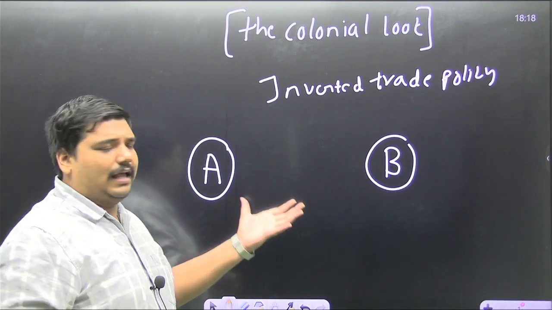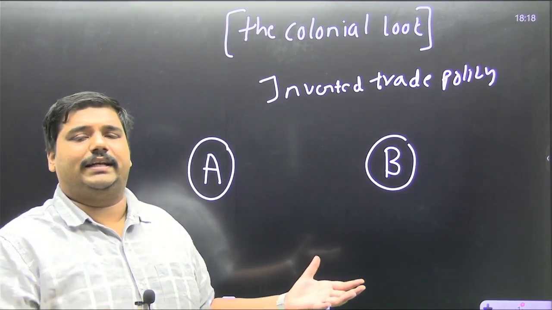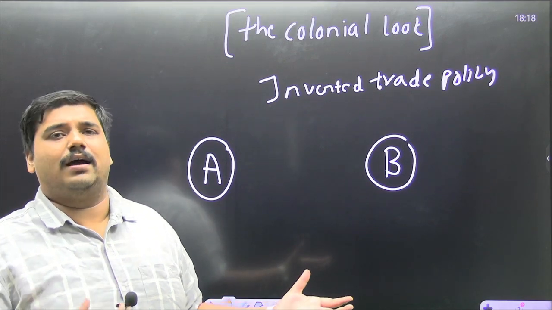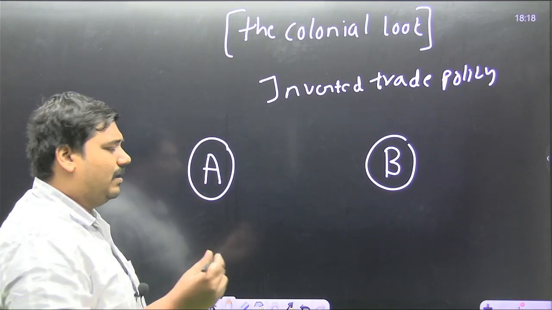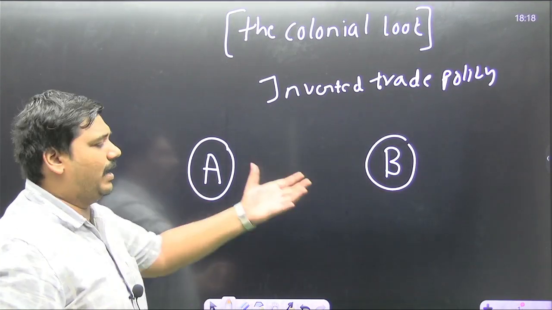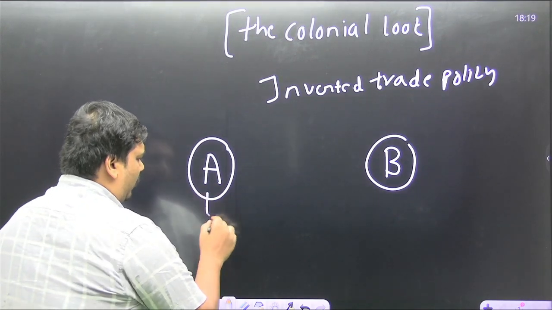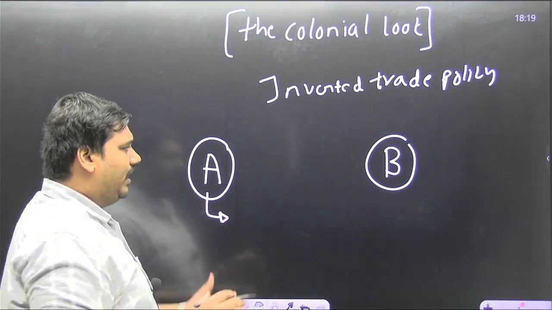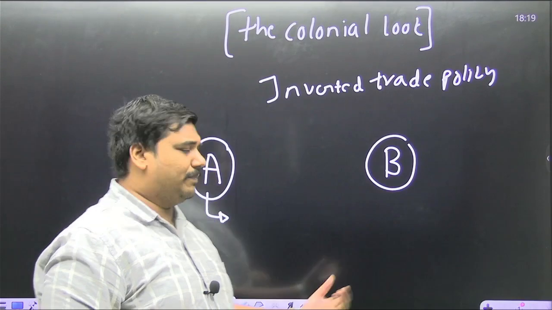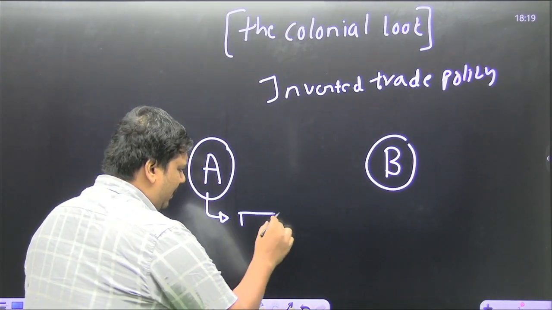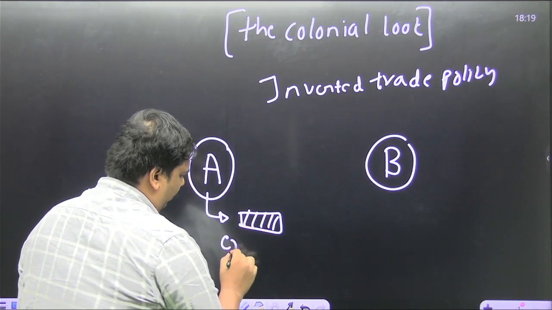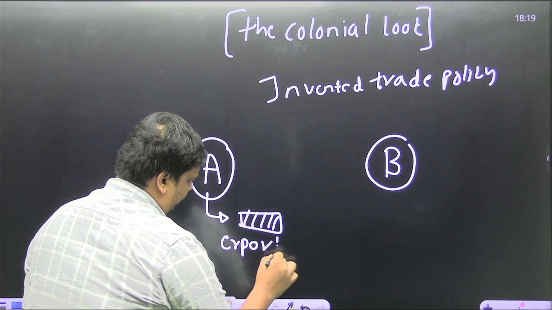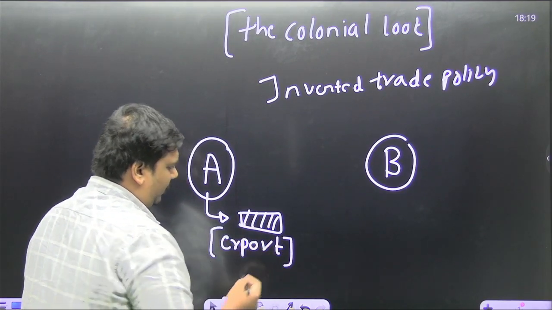Now, as we all know, trade is facilitated by traders or merchants. What happens when the pen is put for export? Firstly, before exporting it to country B, this pen will be subjected to export duties. Now, what are export duties?